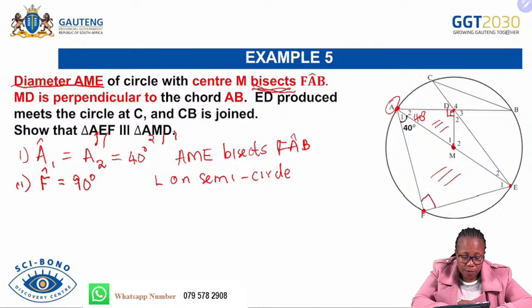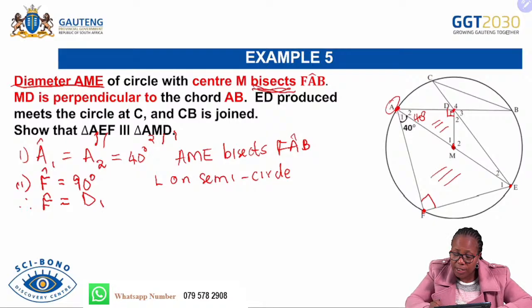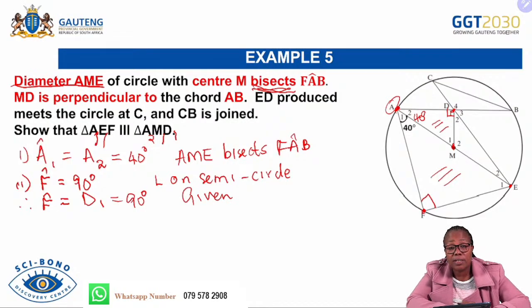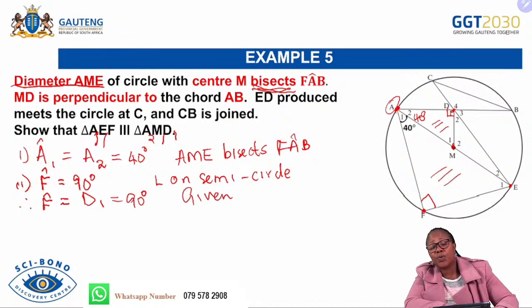After concluding that F is 90, we can now say, therefore, this F is equal to angle D1 because D is given as being 90 degrees. Correct? That is the second condition.